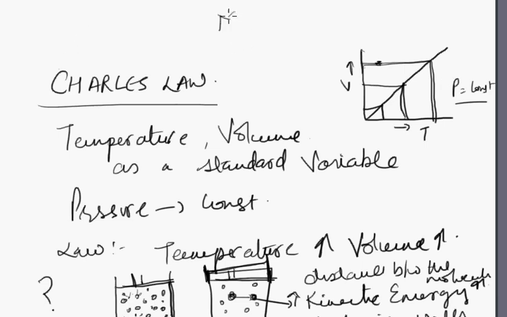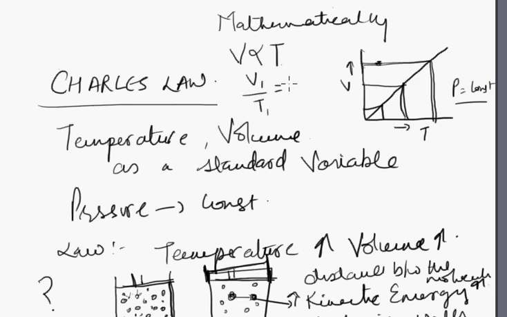So mathematically, we express the relation as V is directly proportional to T, or you can also write V1/T1 equals V2/T2 equals K, constant, right?